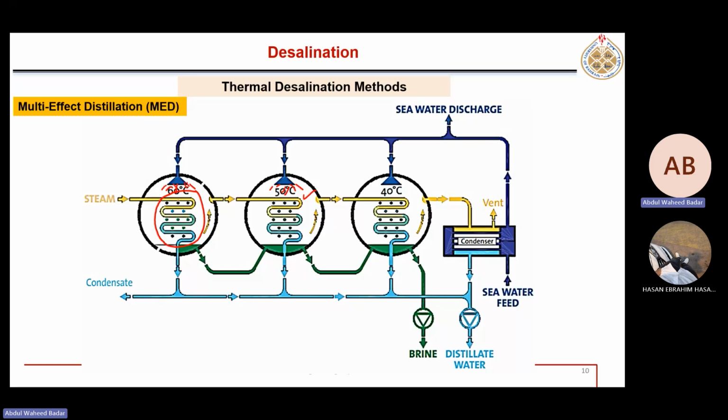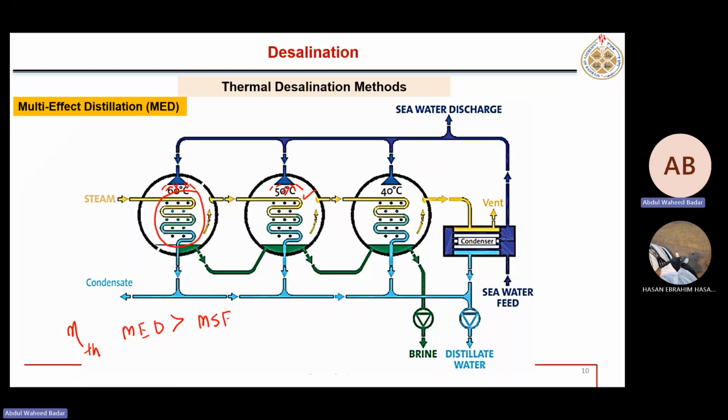So here we get much better evaporation of water vapor from that seawater, right? So as far as the overall thermal efficiency is concerned, MED is definitely better than MSF, the multi-stage flash, right?